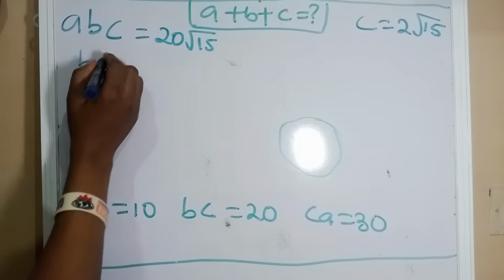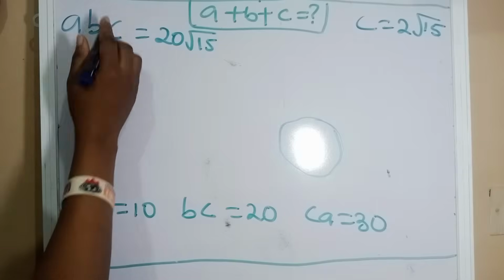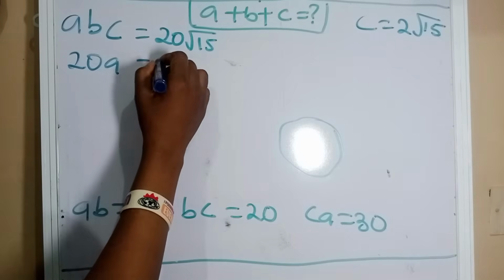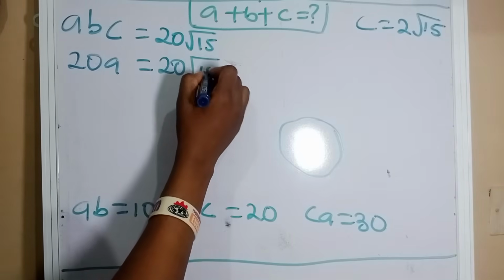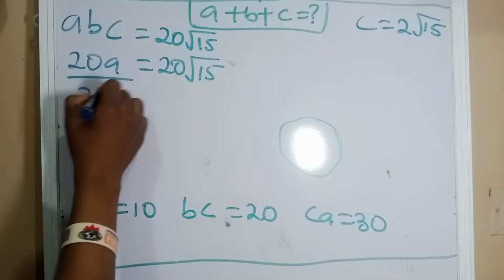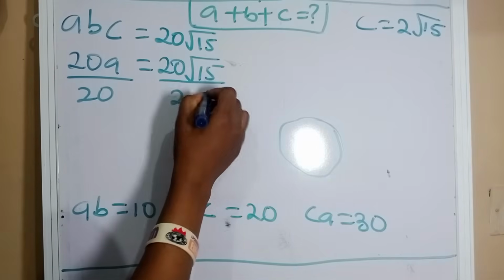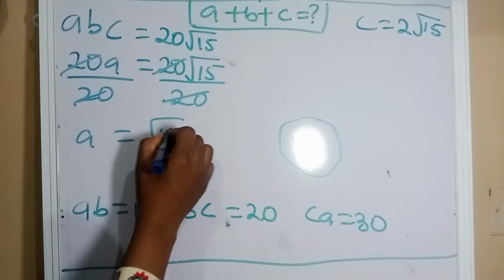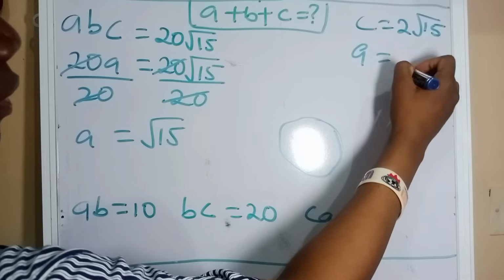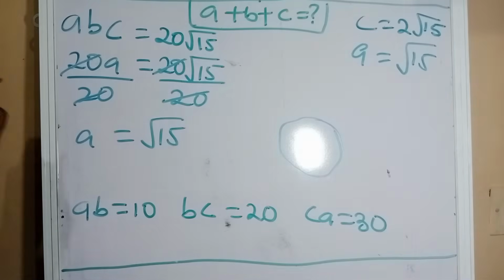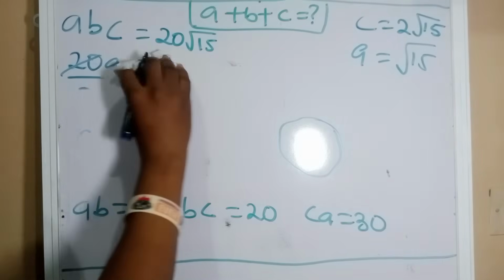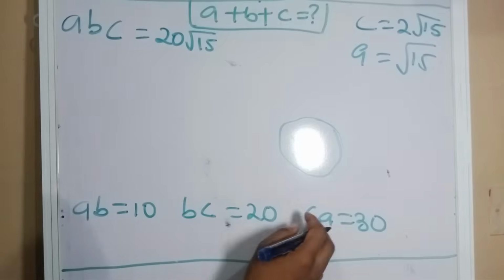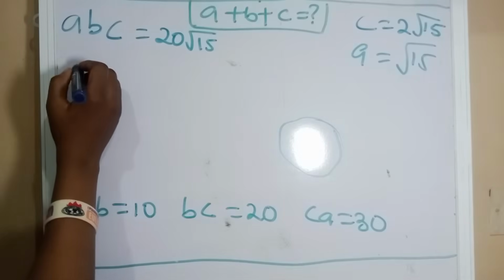BC is 20. So if BC is 20, we have 20A, right? Equal to 20 root 15. We divide both sides by 20. And we have our A to be what? Root 15. We'll keep that here. And we wipe out to solve for B. We have our CA as 30.